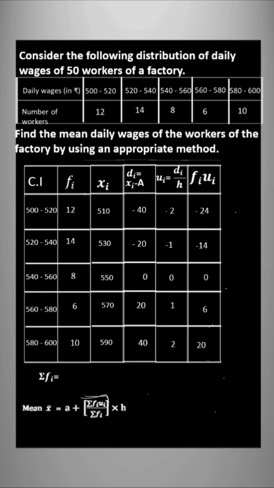Now let us find the summation of fi. 12 plus 14 is 26, 26 plus 8 is 34, 34 plus 6 is 40, 40 plus 10 is 50. Now let us calculate the summation of fiui. Here let us add these two, which have negative values: minus 38, and here 26. So the sum is negative of 12.